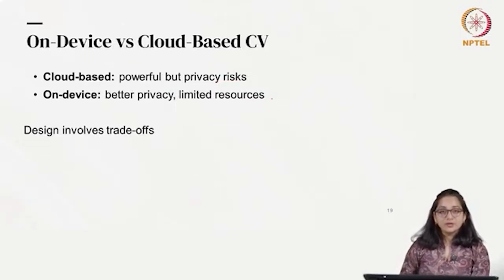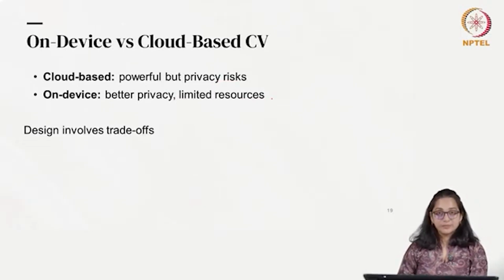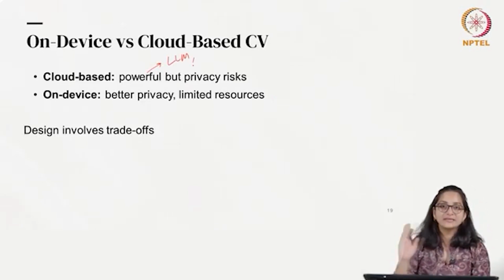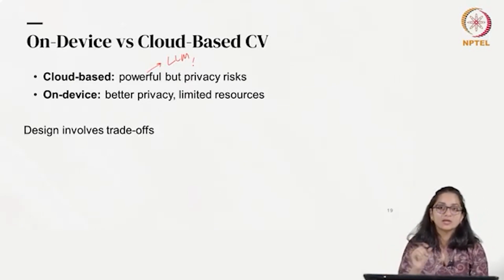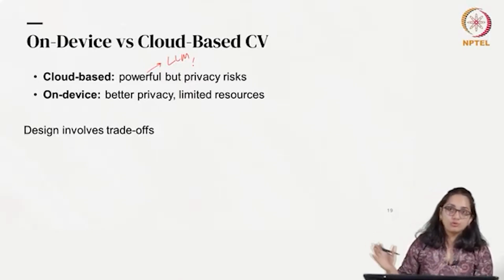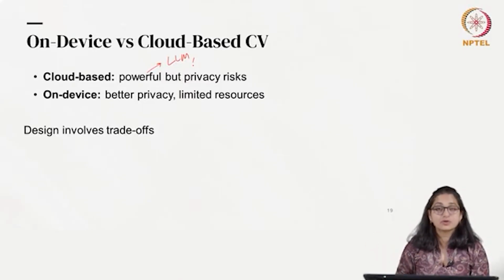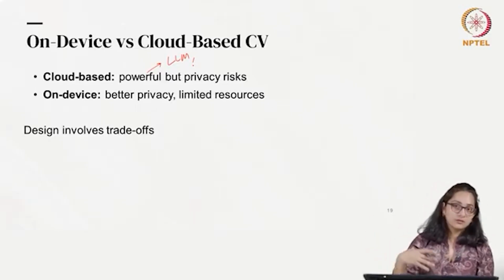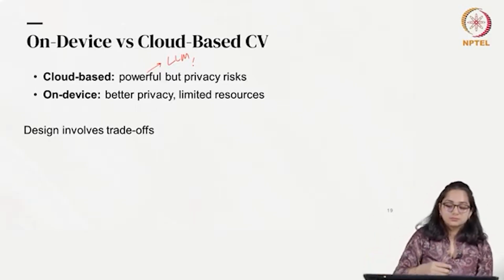Then there may be on-device versus cloud-based computer vision models. Cloud-based computer vision models are more powerful because they are able to access wider models, wider LLMs, and they are able to compare your image to more use cases in order to identify with higher accuracy. But then there is a privacy risk that your image is going into the cloud and to the internet.